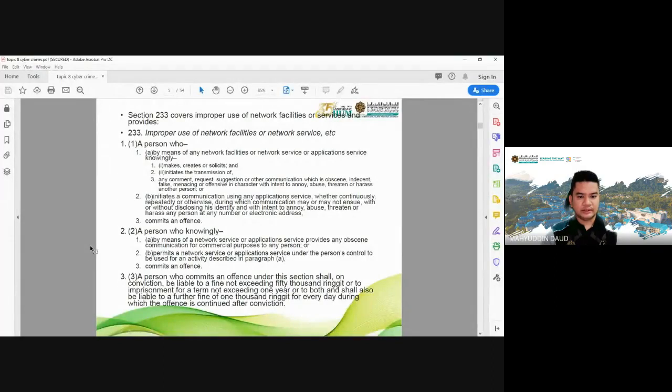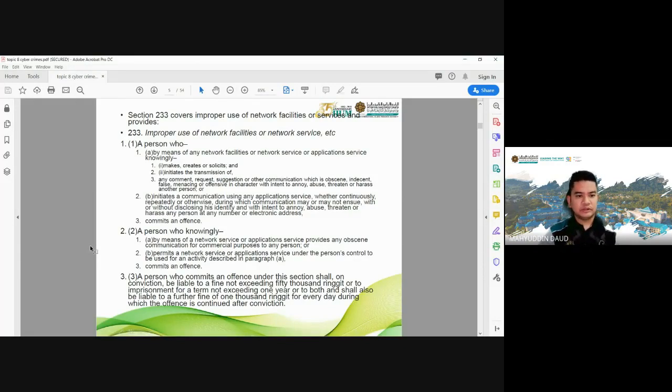We can see that this provision is mostly used to prosecute any person for publishing illegal content online. Usually it is used to indict or to prosecute those who publish illegal content.